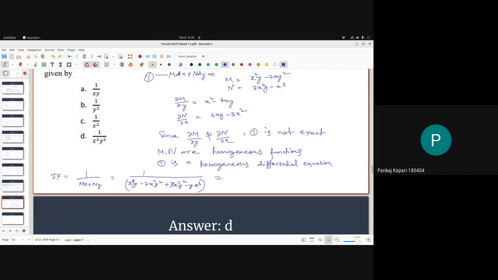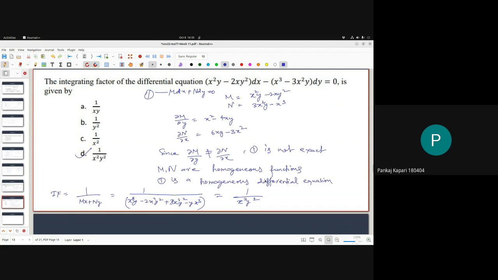Now you can see that the x cube y terms cancel with each other, and at the end we get x square y square. So 1 over x square y square is the integrating factor of the given differential equation. So the correct option here is D.